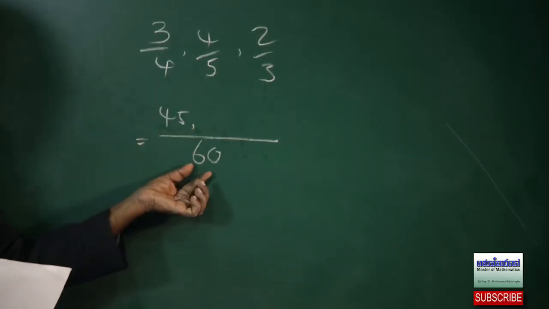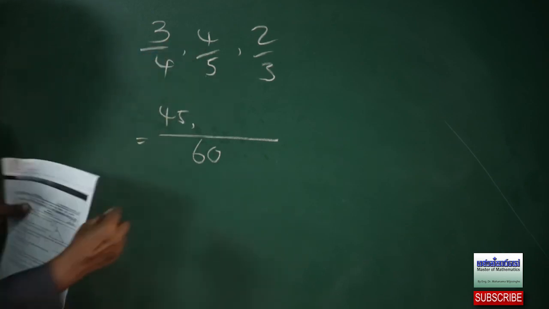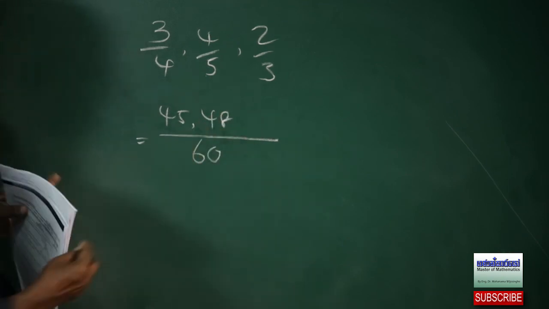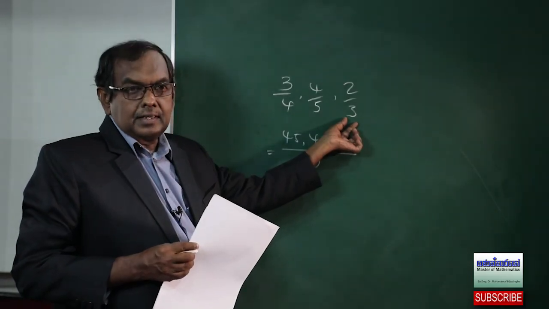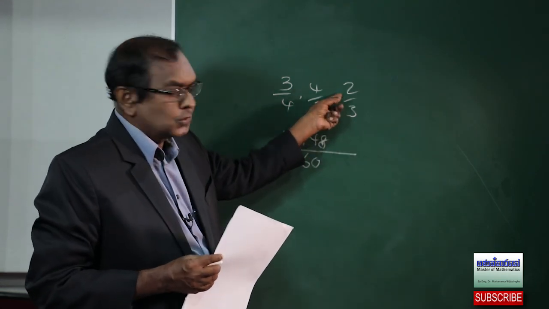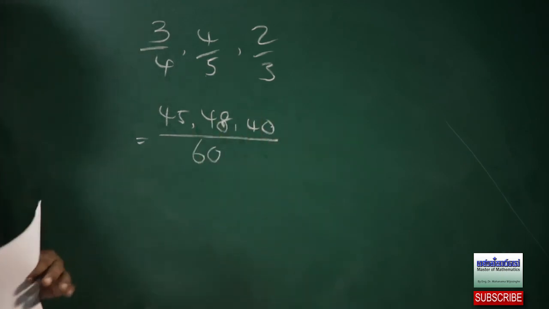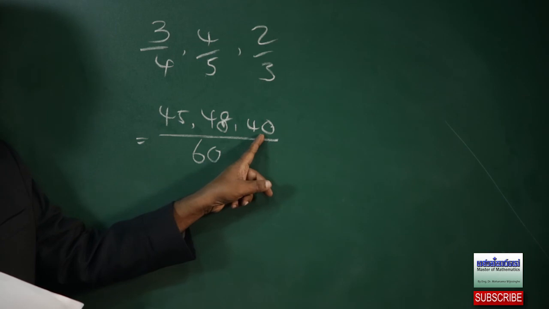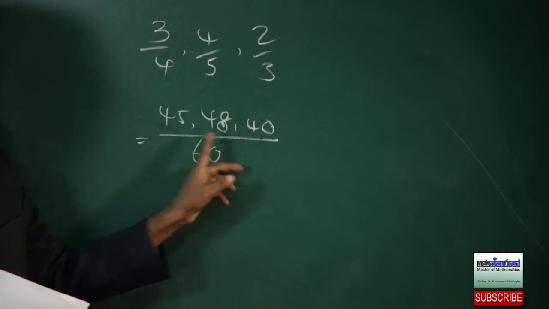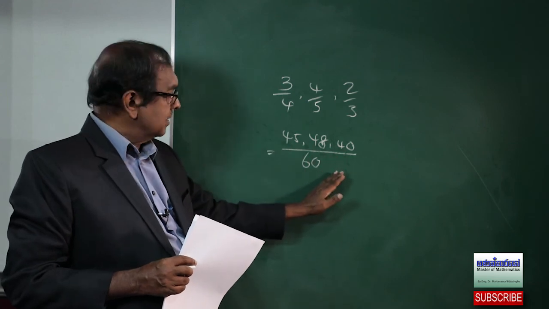Then 60 divided by 5 is 12. 12 into 4, 48. 60 divided by 3, 20. 20 into 2, 40. Then we have three values: 45, 48, 40. To prepare the ascending order, we have to get the least value first. What is the least value?